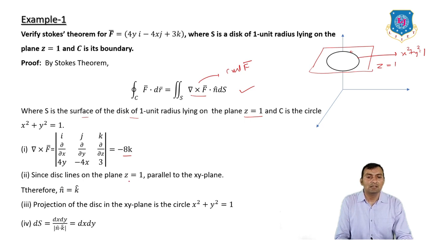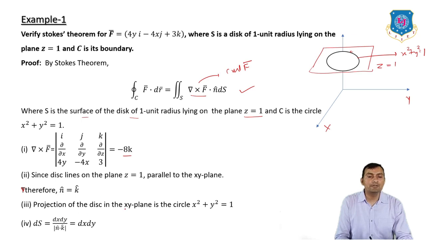Since the disk lies on the plane z equal to 1, which is parallel to the xy plane, as you can see, n cap is therefore k cap.